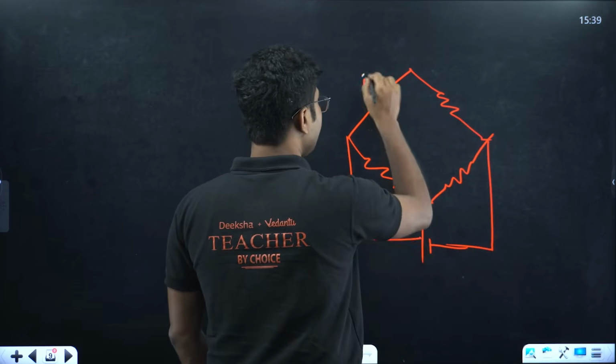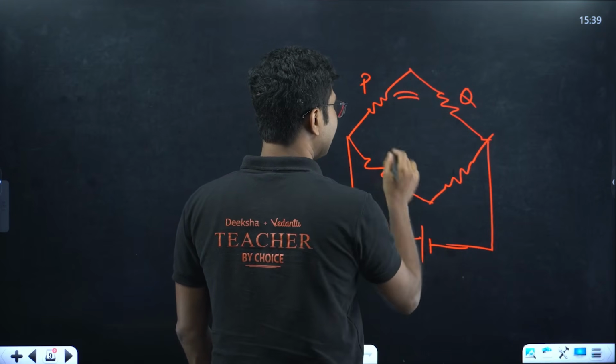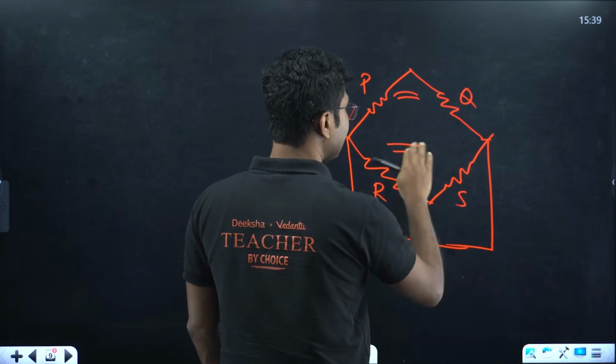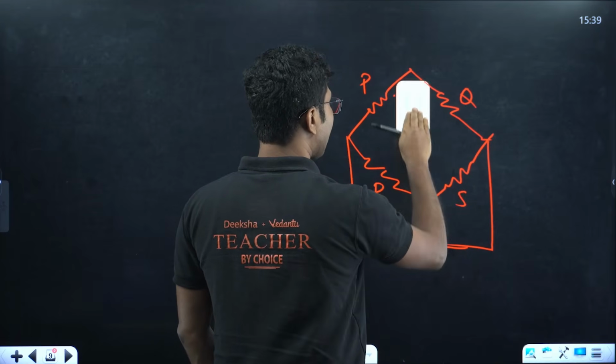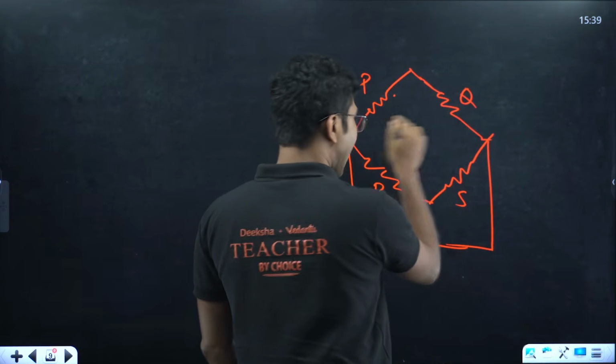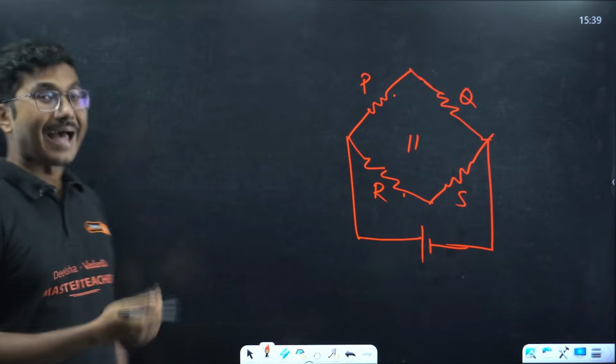P and Q are in series, R and S are also in series, and their mutual connection is parallel. So that's how you should approach a balanced Wheatstone bridge.